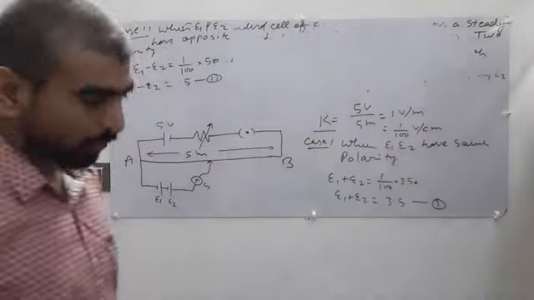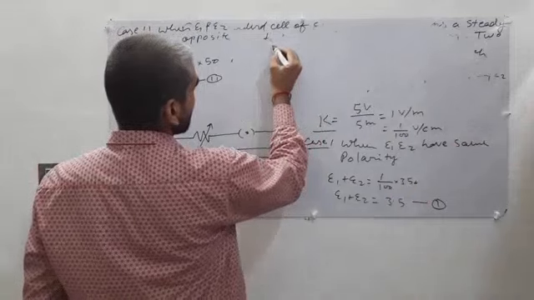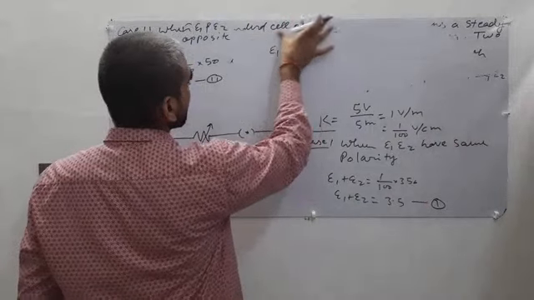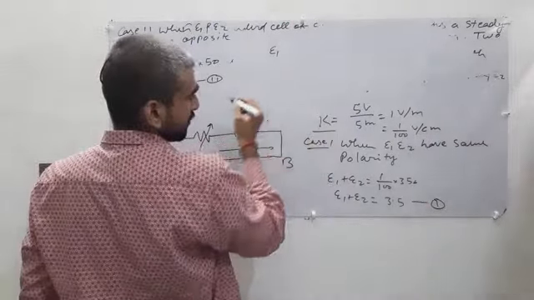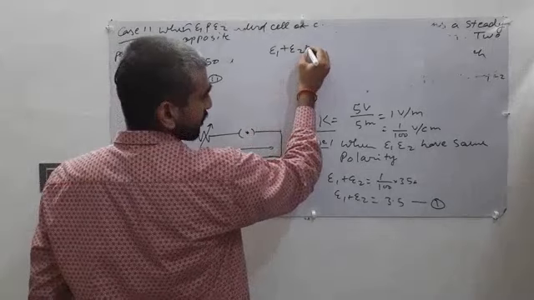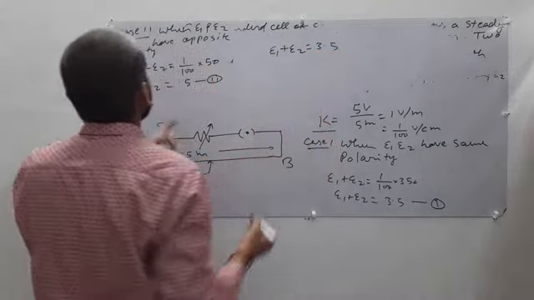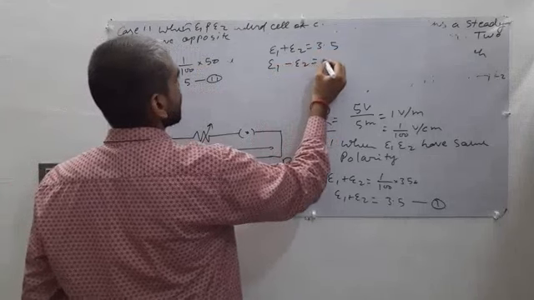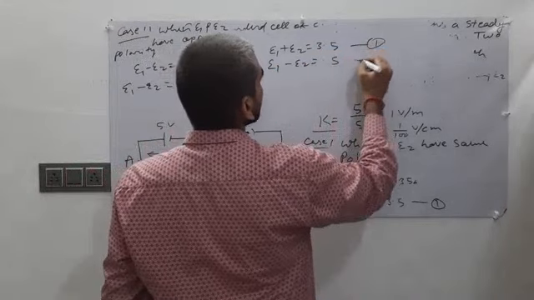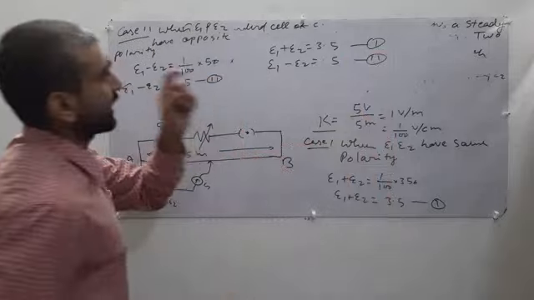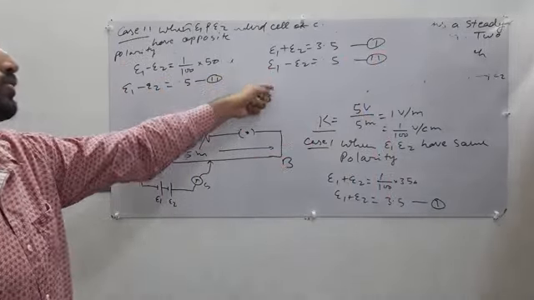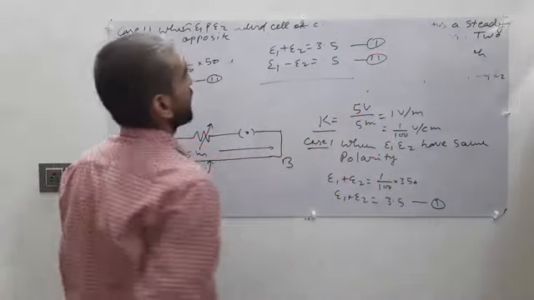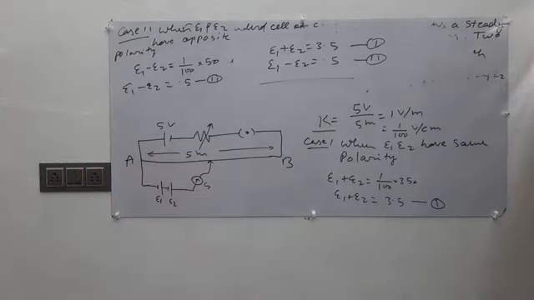So equation number 1 is E1 plus E2 equals 3.5, and equation number 2 is E1 minus E2 equals 0.5. When we solve these two equations, we get the values of E1 and E2.